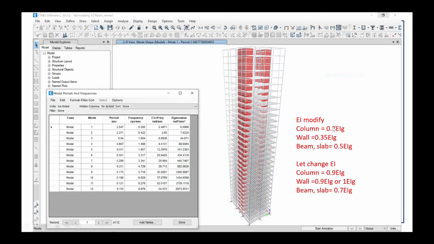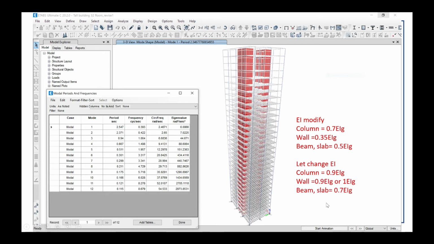Column is equal to 0.7 I, wall is 0.75 I, and beam slab is equal to 0.5 I. Now after we check the tensile stress, you can change the stiffness: column equal to 0.9, wall equal to 0.9 over 1 I, and beam slab you can increase to 0.7 I.